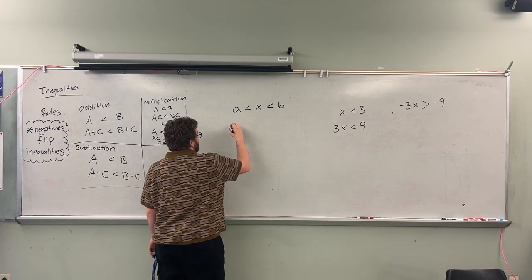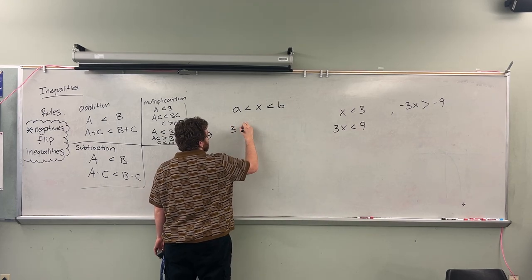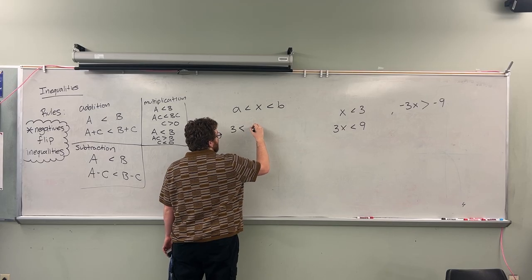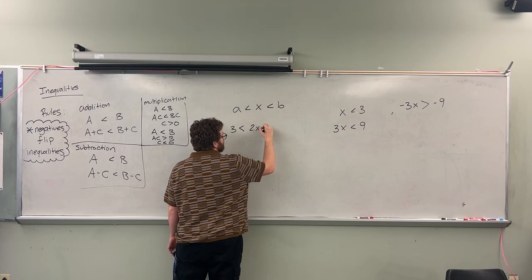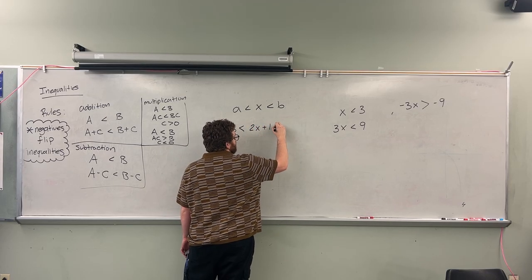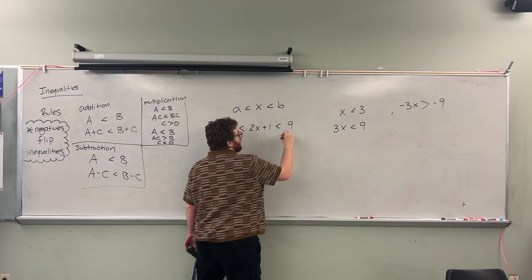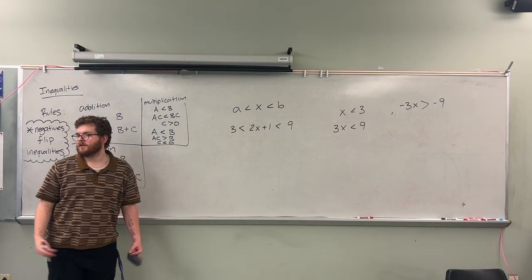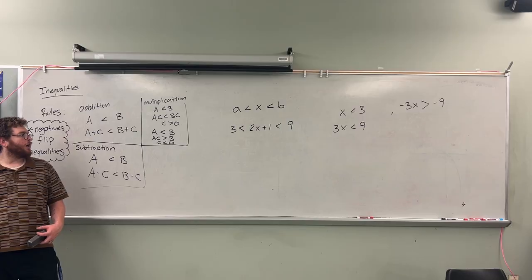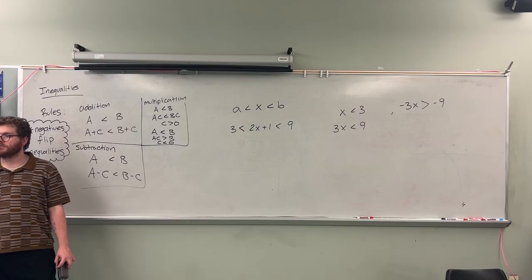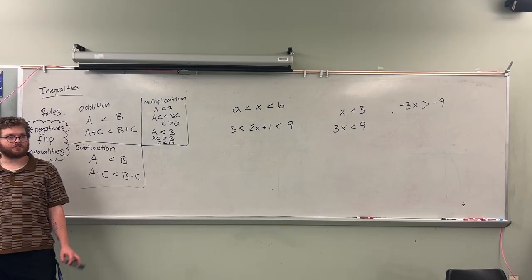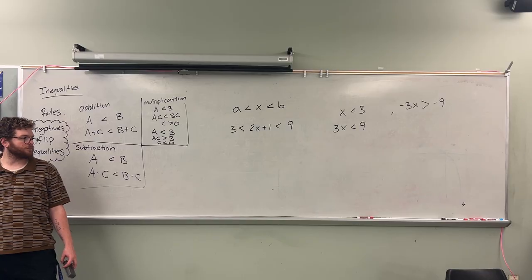So for instance, I can have 3 less than 2x plus 1 is less than 9. And now the question would be, write the solutions of x in interval notation, because there's several x's that solve this.